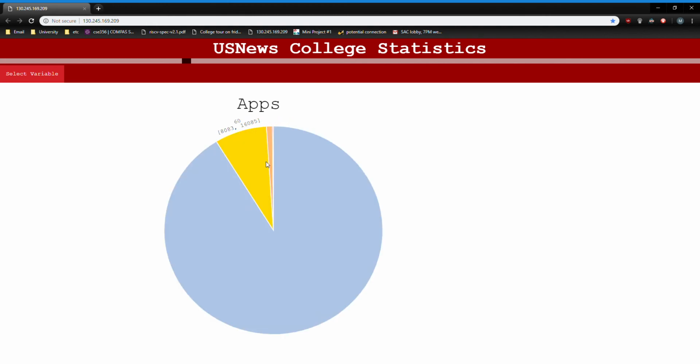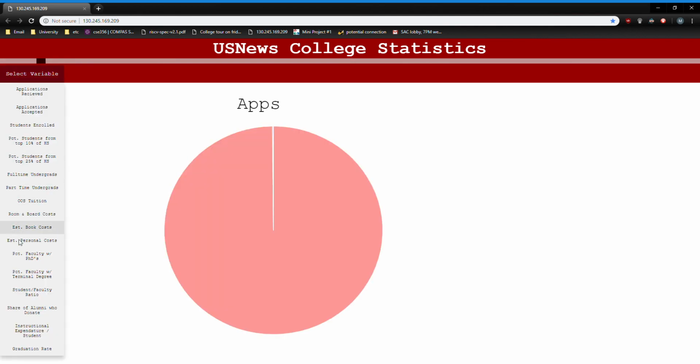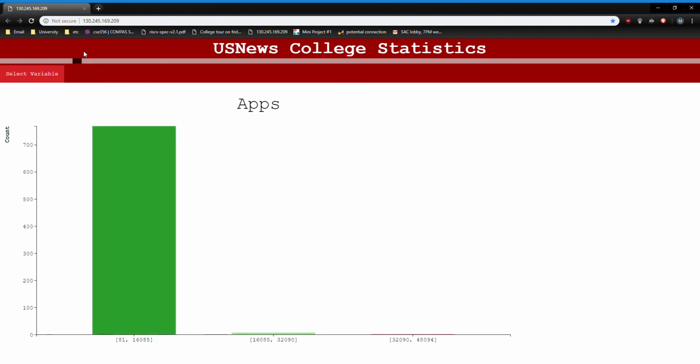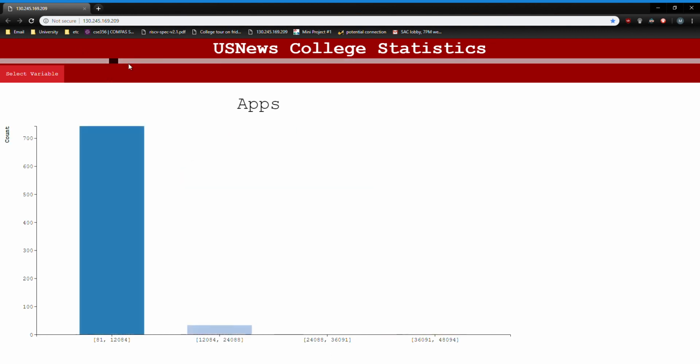You can also see sort of the distribution, split it up into more sections or fewer sections. And of course, transitioning back to bar graphs, you can rebin here too.